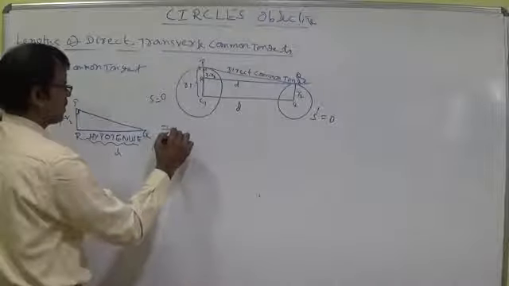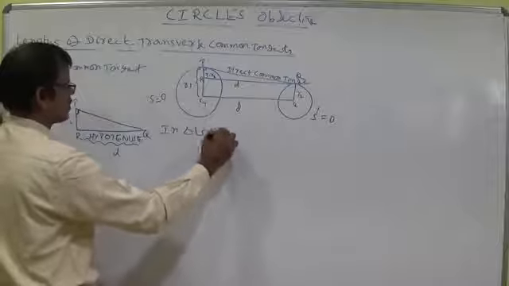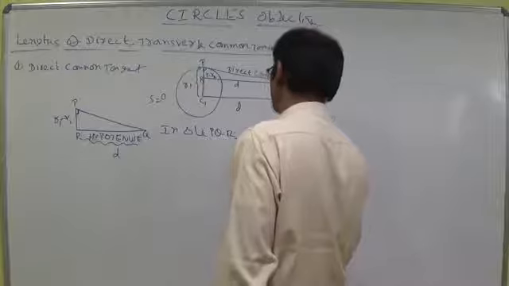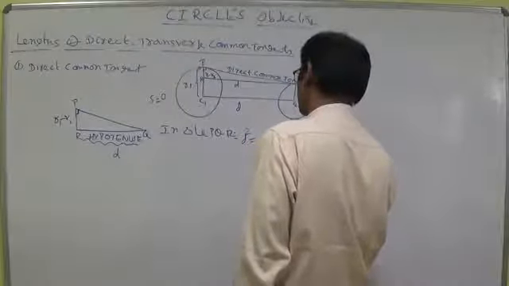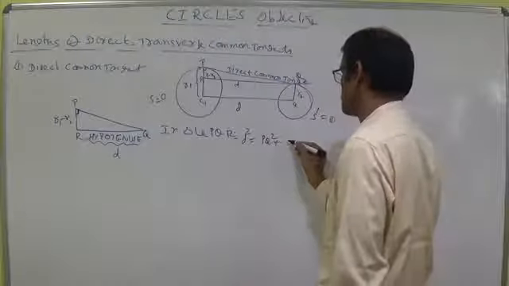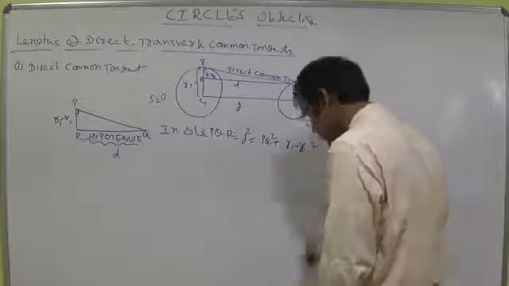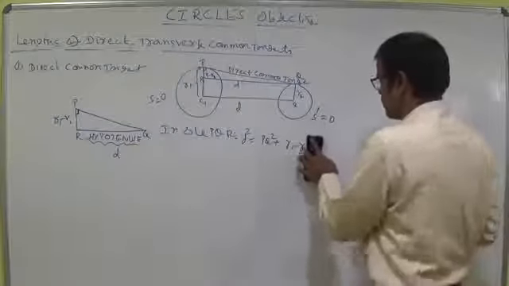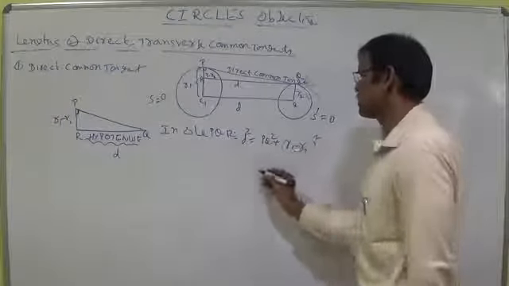Now we can write in right triangle PQR, D square is equal to PQ square plus PR square, because D square is hypotenuse square. PR square you can write as R1 minus R2 whole square.